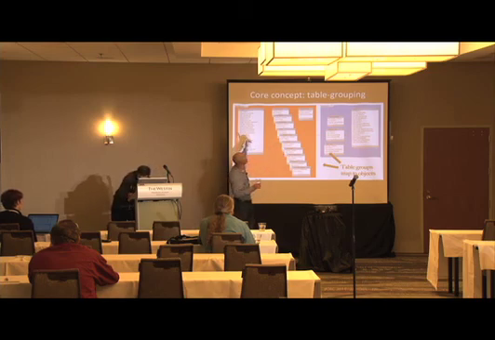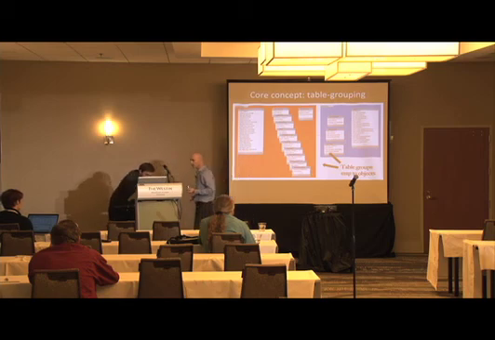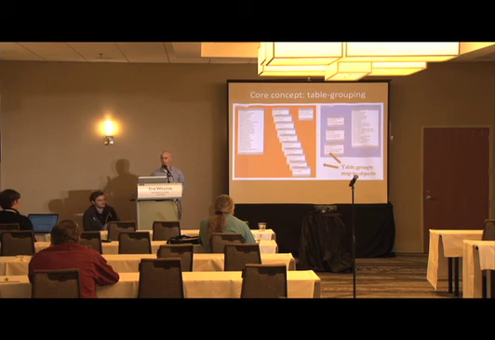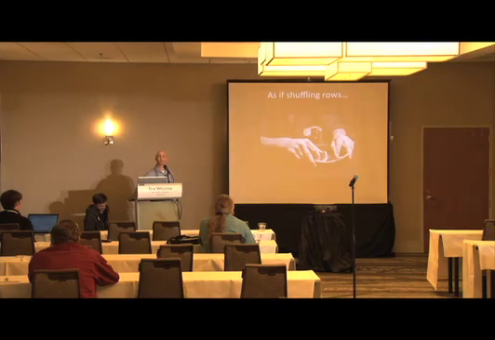So why store it in multiple parts? Why not take the user row and store it with all the other parts? Why not build a document from all these rows? So that was the basic thought behind it. And then after a few years of working on it, there was actually execution. So it's as if we were shuffling cards, right? Shuffling rows together.